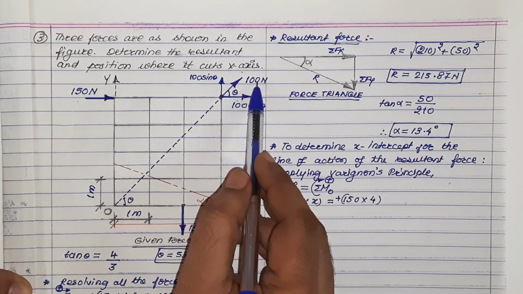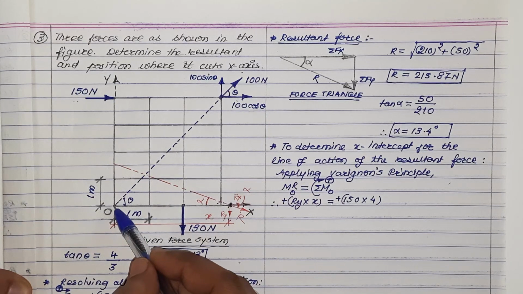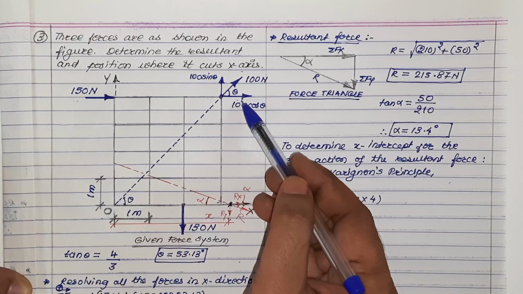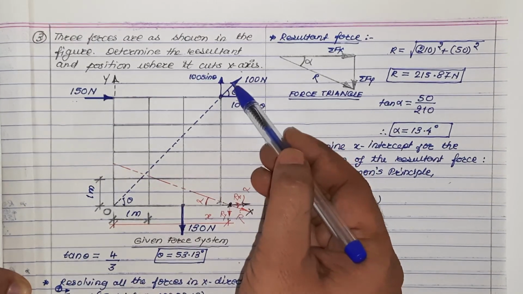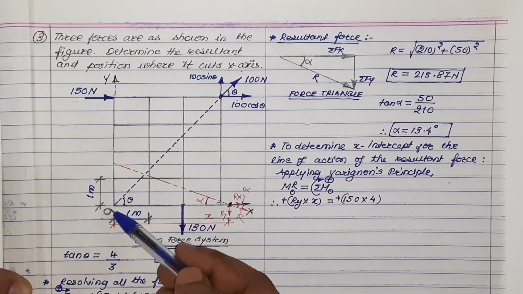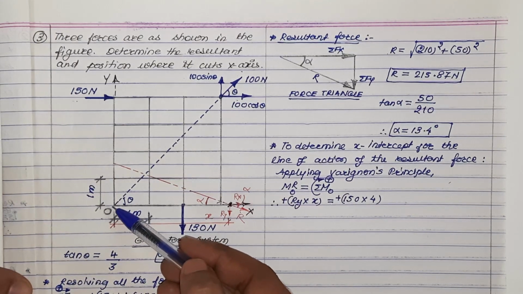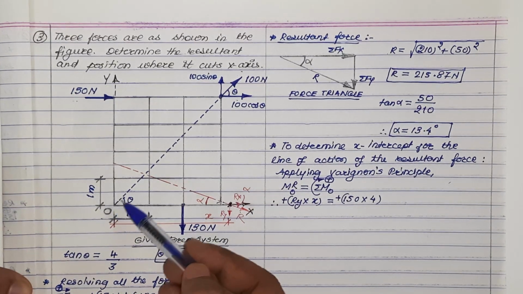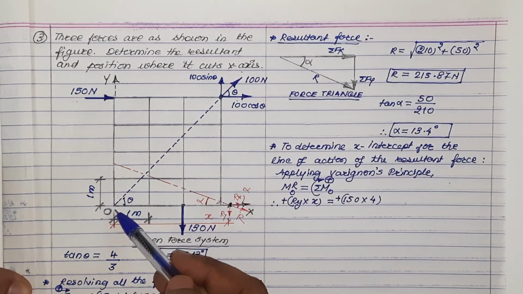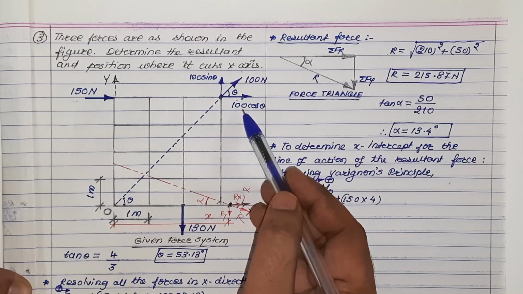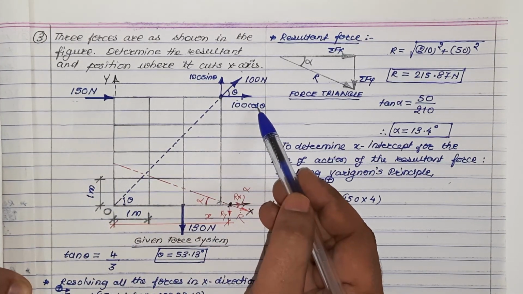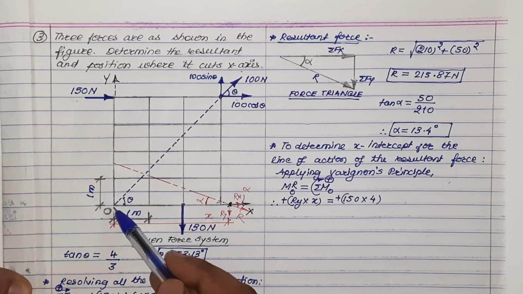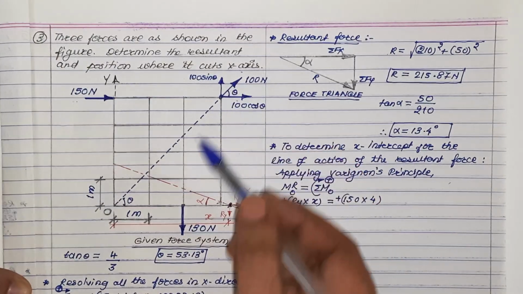So whatever moment that this 100 Newton will produce about O, same would be the moments produced by these two components together. If you observe 100 Newton force, it has its line of action passing through moment center O. Hence, it will not produce any moment about O. Hence, the algebraic sum of moments of 100 cos and 100 sin about O will also be 0. Hence, we can conveniently ignore this force.